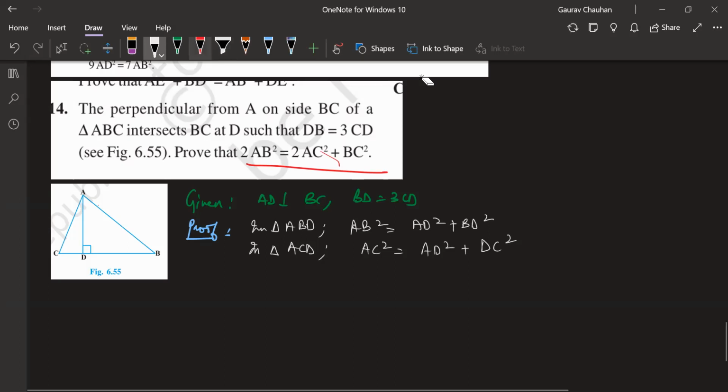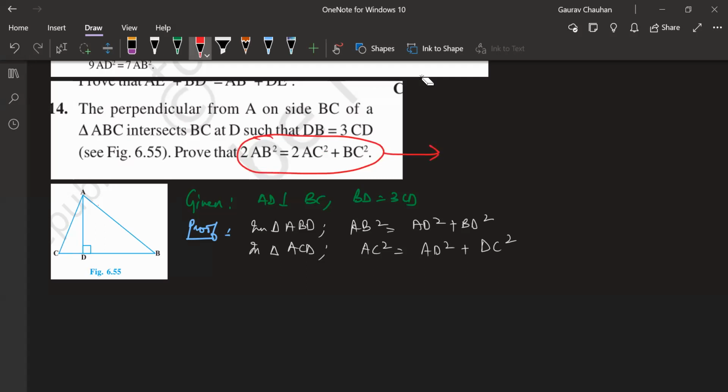If you see these two statements carefully, guys, AB square and AC square are on the two different sides of the equation. Which means I can do two things. I can write this as DC square plus AD square is equal to AC square, and then add them so that AB and AC come on two different sides.